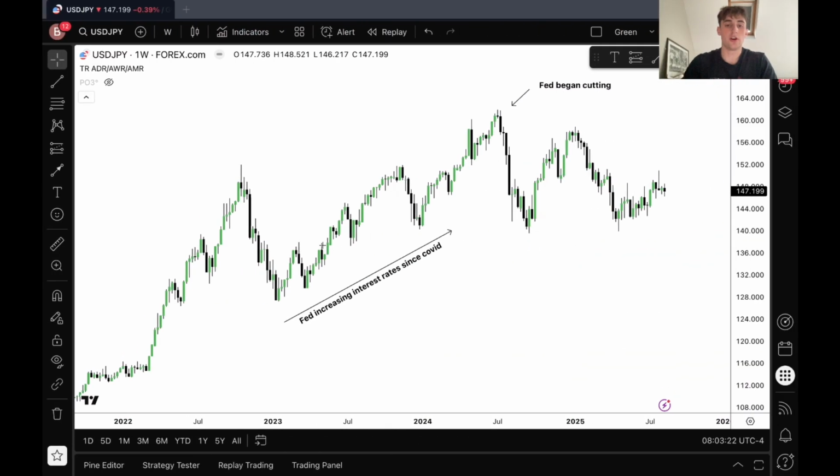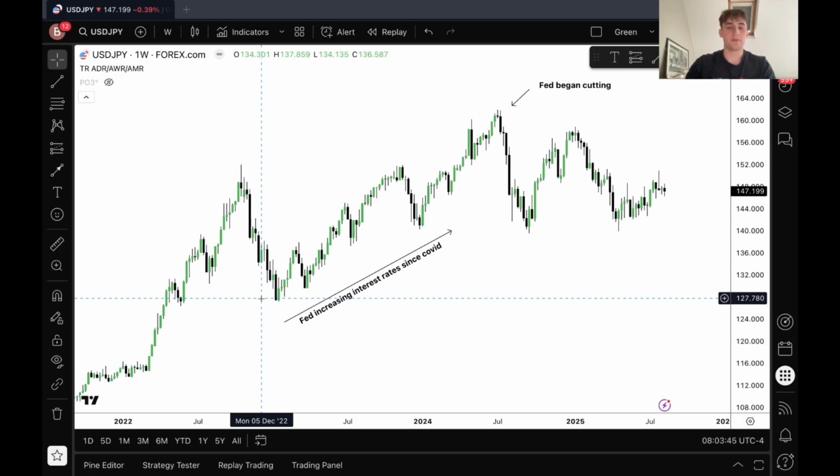So if we look at the chart, as we can see, since COVID, the Fed have been hiking rates, which means increasing rates. So as they've been increasing rates, USD JPY has been increasing, and JPY, the yen currency, has sort of stayed about the same. It's sort of stayed about 0%, so it's not really incentivized.